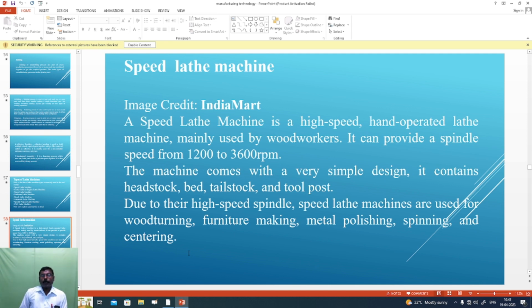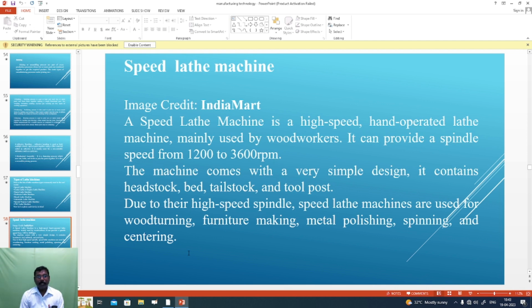The speed lathe machine is a high speed and hand operated lathe machine mainly used by woodworkers. It can provide a spindle speed from 1200 to 3600 rpm. The machine comes with a very simple design.